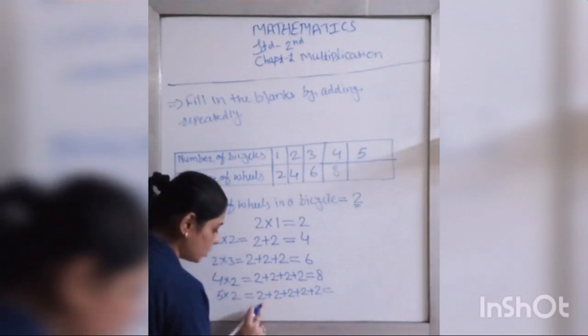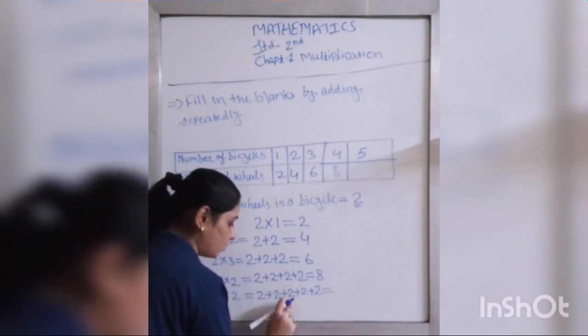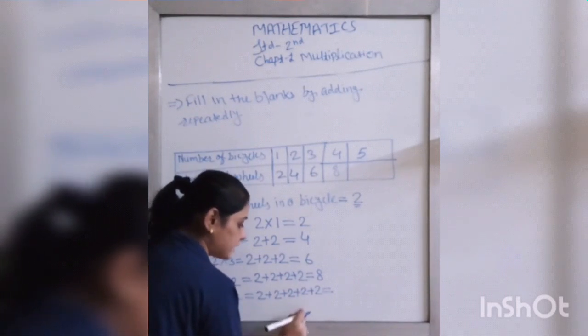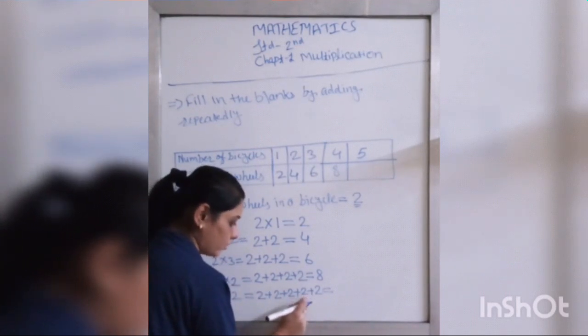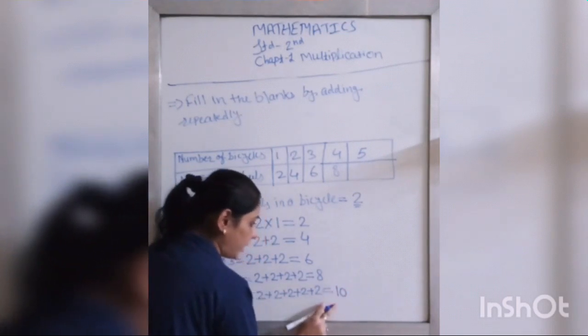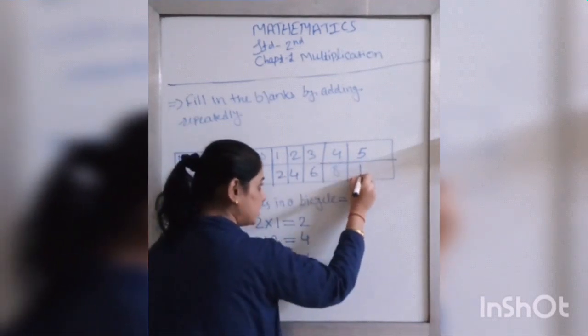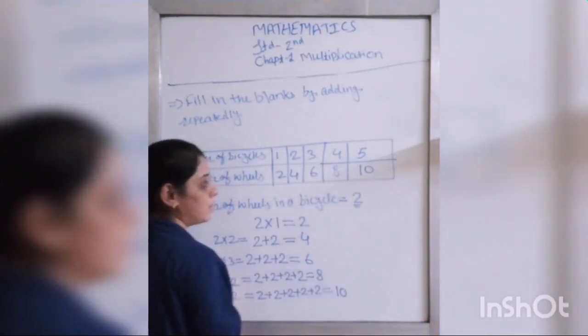Add this one. 2 plus 2 is equal to 4. 4 plus 2 is equal to 6. 6 plus 2 is equal to 8. And 8 plus 2 is equal to 10. So these 5 bicycles will have how many wheels? 10 wheels. Got it?